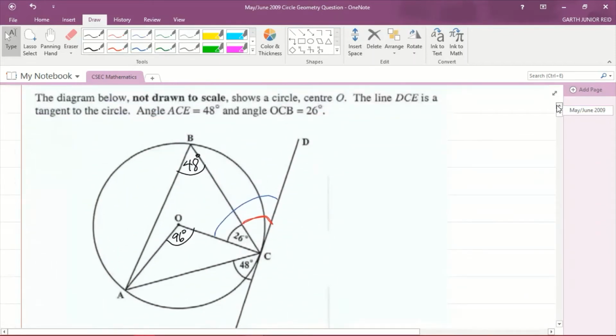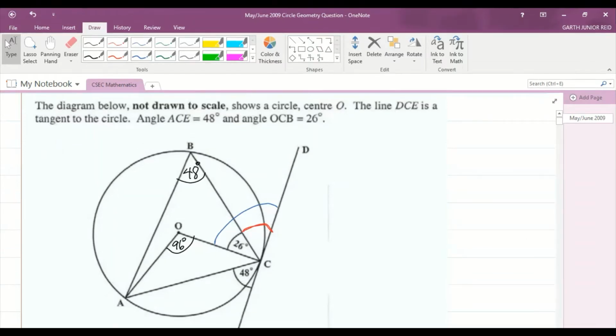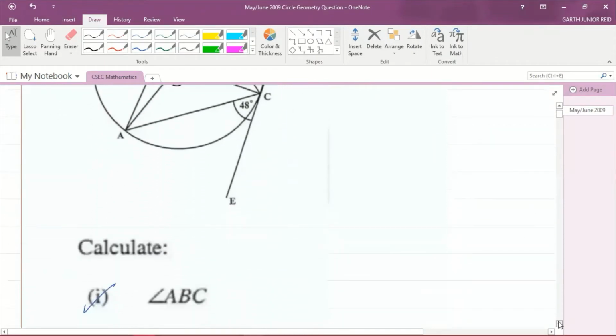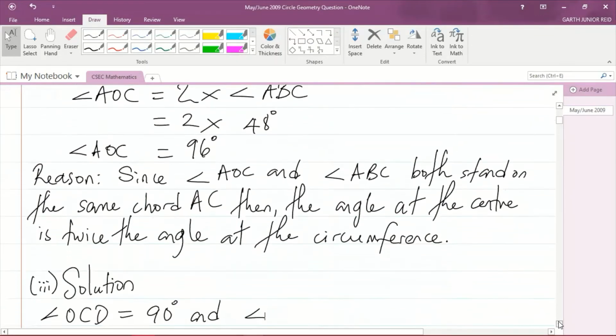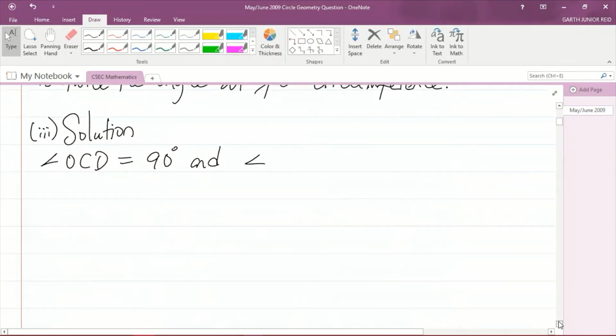OCD is 90 degrees, right? But we know that the angle OCB is 26 degrees, okay? OCB is 26 degrees. Right. So our angle OCB is equal to 26 degrees.